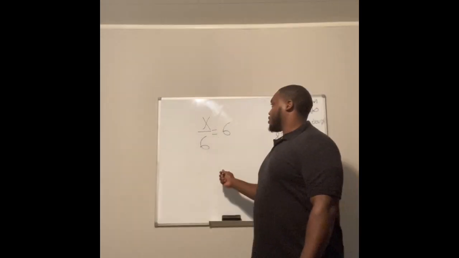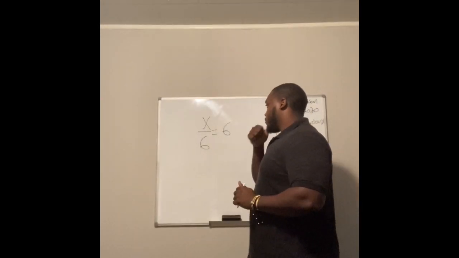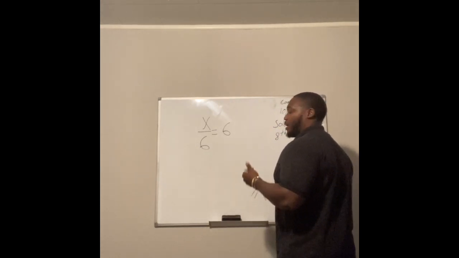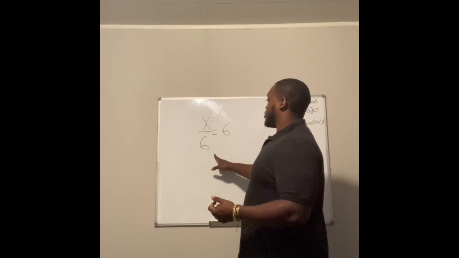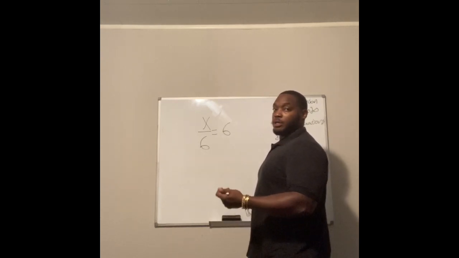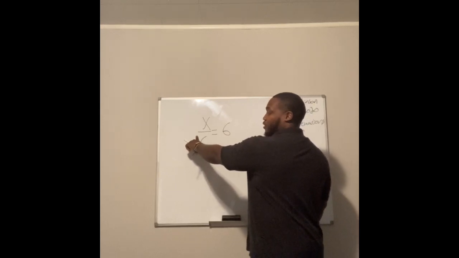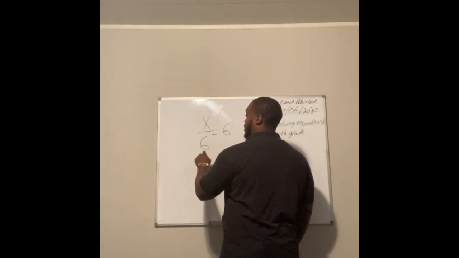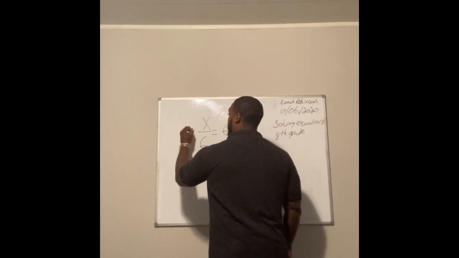So now let's do this example. We have x over 6 equaling 6. In order for us to solve for the variable, we have to isolate it. In this situation, we would do the opposite mathematical operation, which is multiplication, since this is essentially a division problem. So we're going to times x over 6 by the denominator, which is 6.